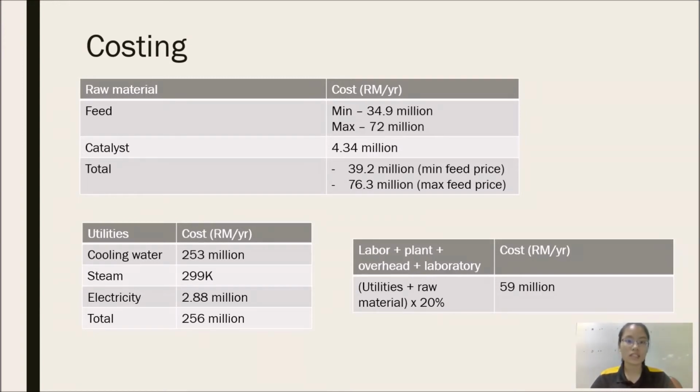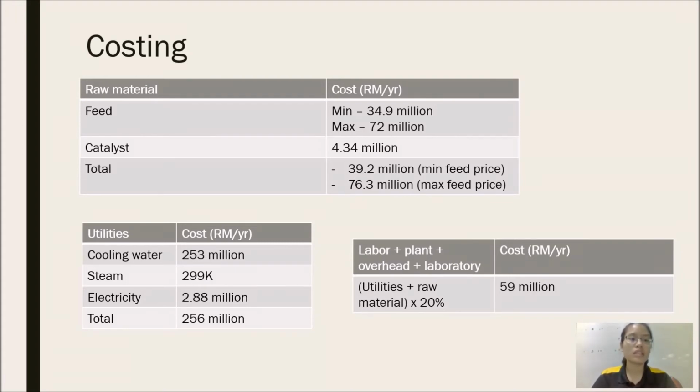Our catalyst costs about 4.34 million ringgit per year, and the total for our raw material costing is 39.2 million for the minimum feed price and 76.3 million for the maximum feed price.